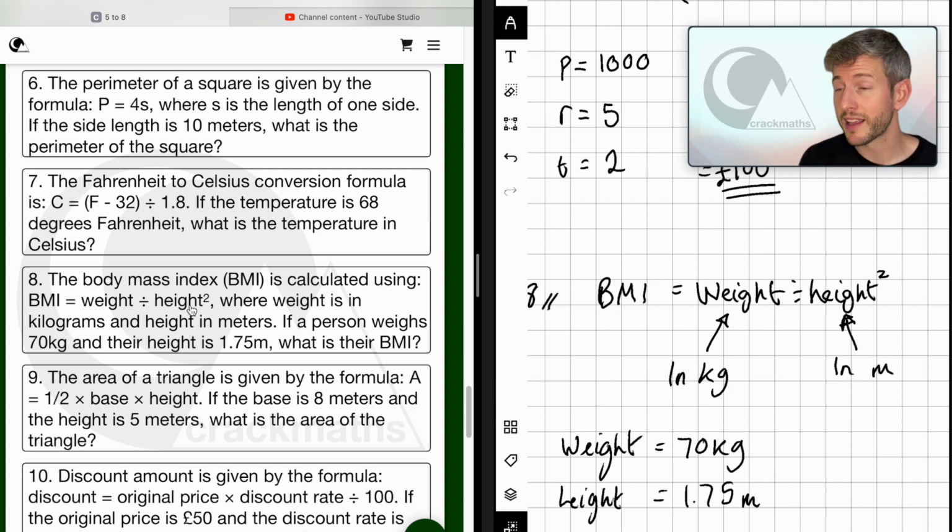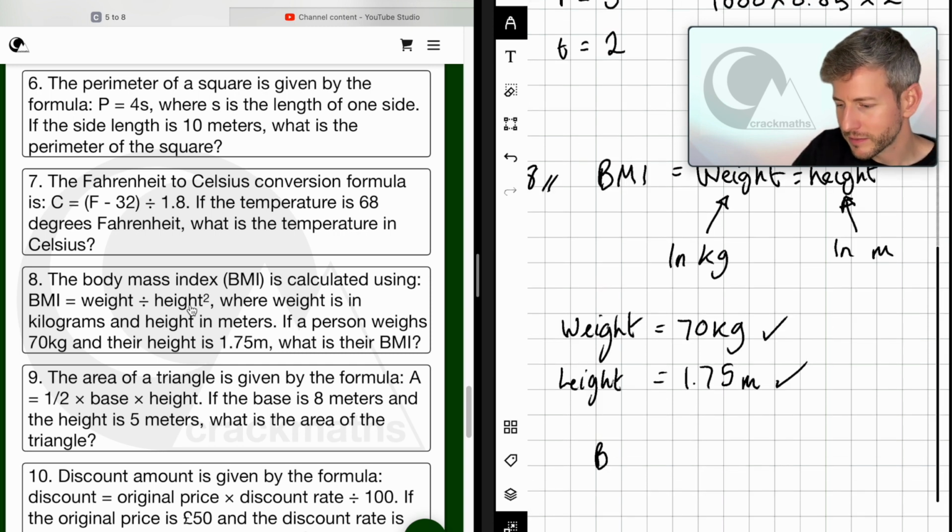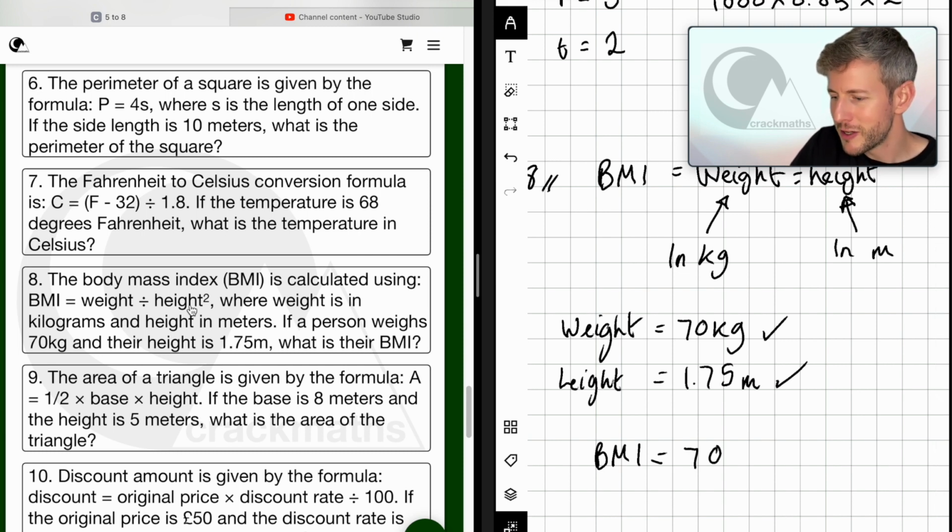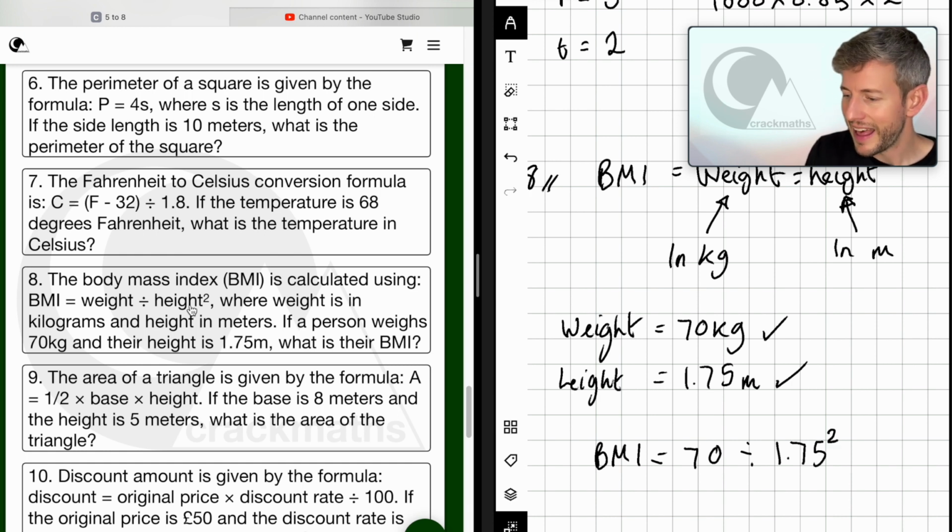Let's just double check. Is our weight in kilograms? Yes. Is our height in meters? Yes. Perfect. So now we can use the formula. So BMI will equal 70 divided by 1.75 squared. And remember, squared means multiplied by itself.